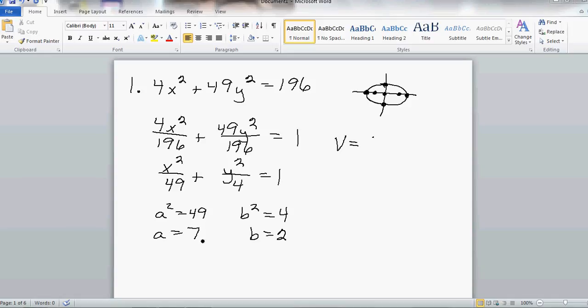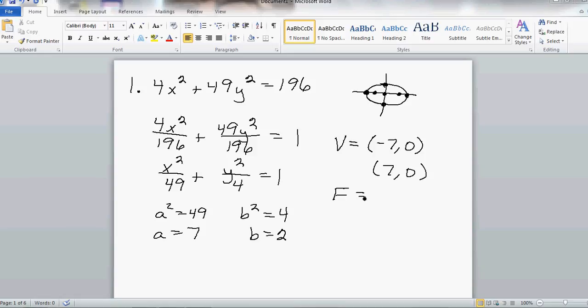A deals with the major axis, so from the center out to the vertex will represent a. So one of the vertices would be at negative 7, 0. And the other one's going to go over here to the right, so that would be at the point 7, 0.